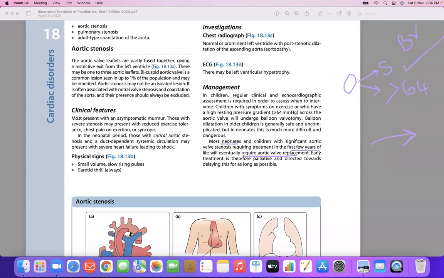So early treatment is therefore palliative. Whatever balloon valvotomy you do when they are small infants will be just palliative. Later, they may need aortic valve replacement. Early treatment is directed towards delaying this as long as possible. These points have to be remembered here.